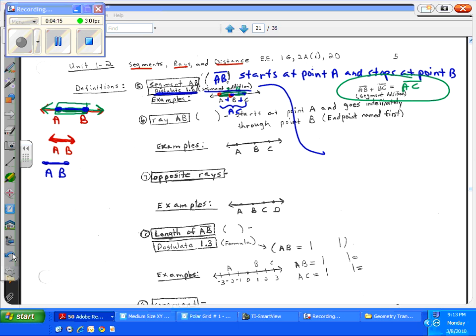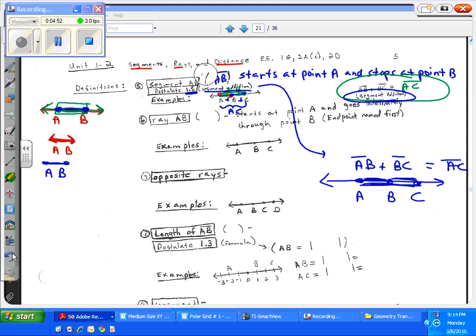If there exists a line with 3 points on that line, such as points A, B, and C, where B lies between A and C, then we can say that segment AB, the first little piece, plus segment BC, the second little piece, is equal to the whole thing, segment AC, and we call that segment addition. So we have a little postulate inserted there in fine print.